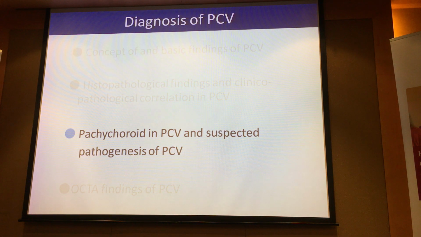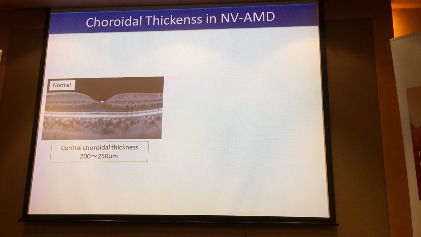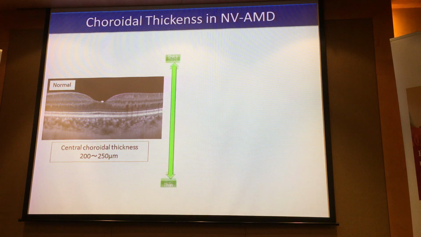Next talk is pachychoroid in PCV and suspected possibilities of PCV. The choroidal thickness in neovascular AMD is different by subtypes of AMD. Normal choroid has 250 micrometers in the central choroidal thickness.